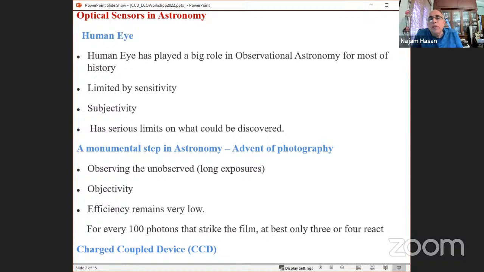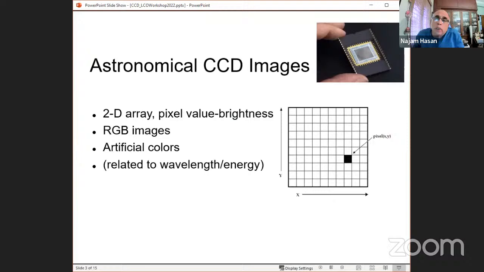For example, for every 100 photons that strike a film, at best only 3 or 4 react with the photographic emulsions. And secondly, photographic plates are sensitive to certain lights and not to the others. For certain wavelengths like blue, photographic plates were more sensitive, so they would record blue light better than red and so on. Then come charge coupled devices, CCDs, which we shall be talking about.